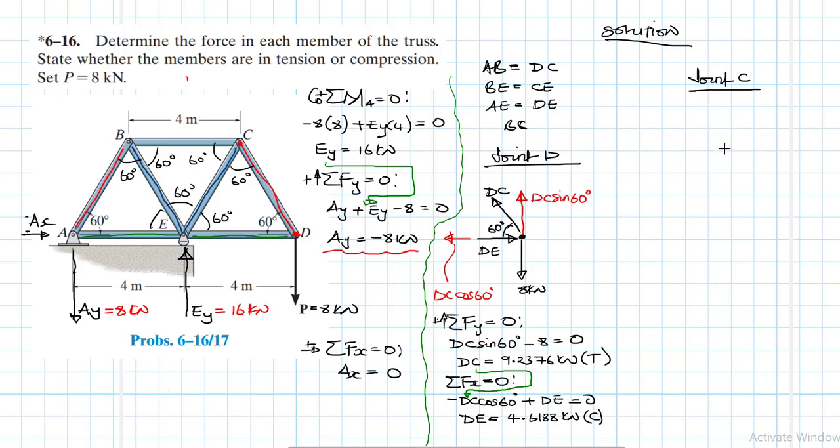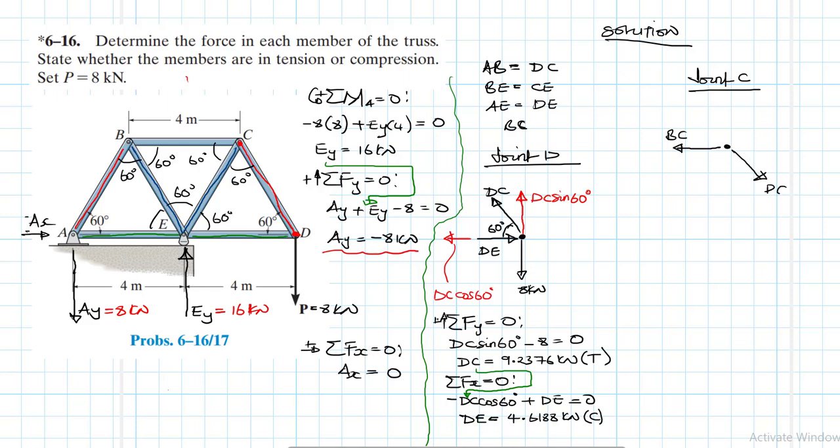Alright, so what do we have at joint C? We have a number of forces at joint C. We are assuming this one to be in tension, which is BC or CB. And then we found DC already, which is in tension and is at an incline like that.